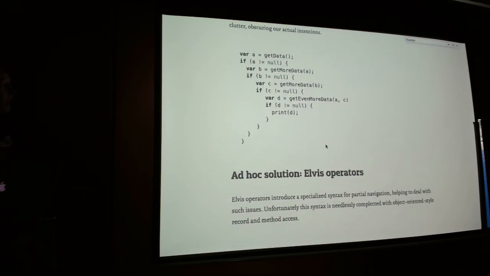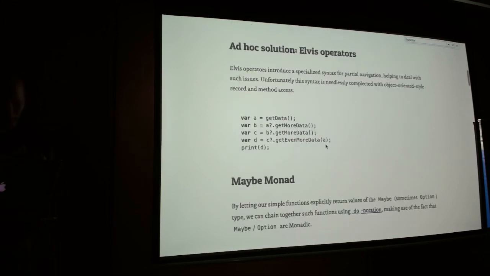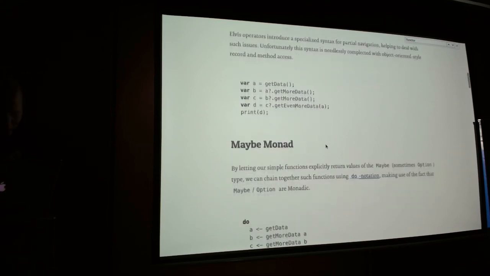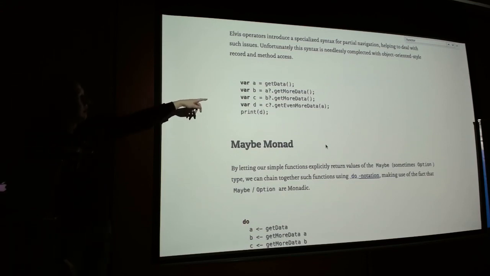So, real quickly, that's what you get if you have lots of nullable values in JavaScript. You have to just keep checking for nulls. And there is currently a stage 1 proposal to ECMAScript for the Elvis operator, just like in CoffeeScript, where you can do this. You can just reduce this to a very nice looking code.